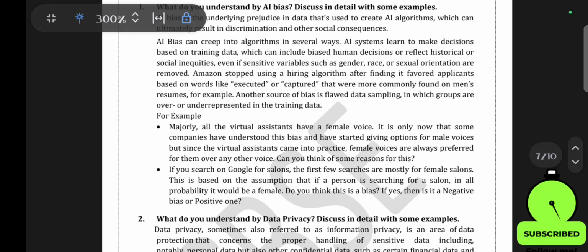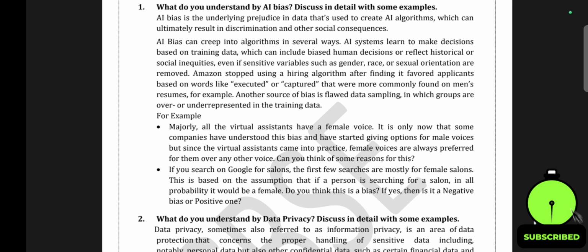AI bias can creep into algorithms in several ways. AI systems learn to make decisions based on training data, which can include biased human decisions or reflect historical or social inequities, even if sensitive variables such as gender, race, or sexual orientation are removed.